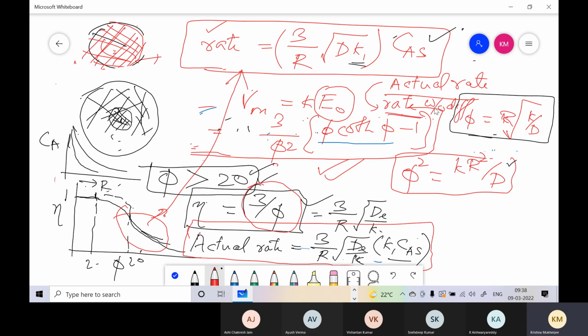And notice that this is becoming 3 by 5. So suppose this is 25, or let us say more than 20, 21. What is the efficiency? 1 by 7. So you are having 1/7 of the rate that you would have without diffusion, which means you are losing out tremendously.